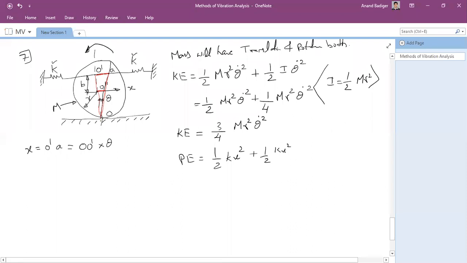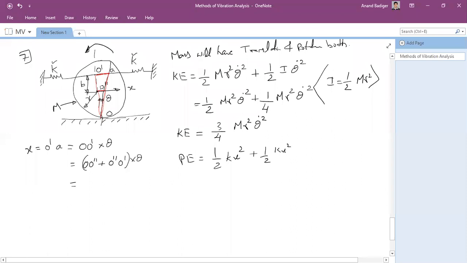So what is O dash here? O dash is nothing but O to O double dash plus O double dash to O dash, into theta. Okay, so this is nothing but the distance from O to O double dash and O double dash to O dash. So this I have multiplied by theta. Okay, so now what is O to O double dash?